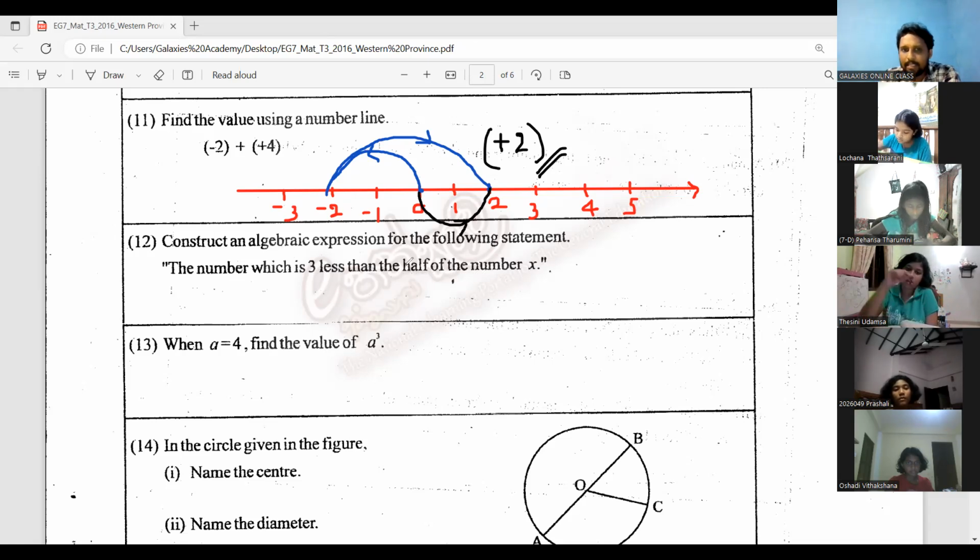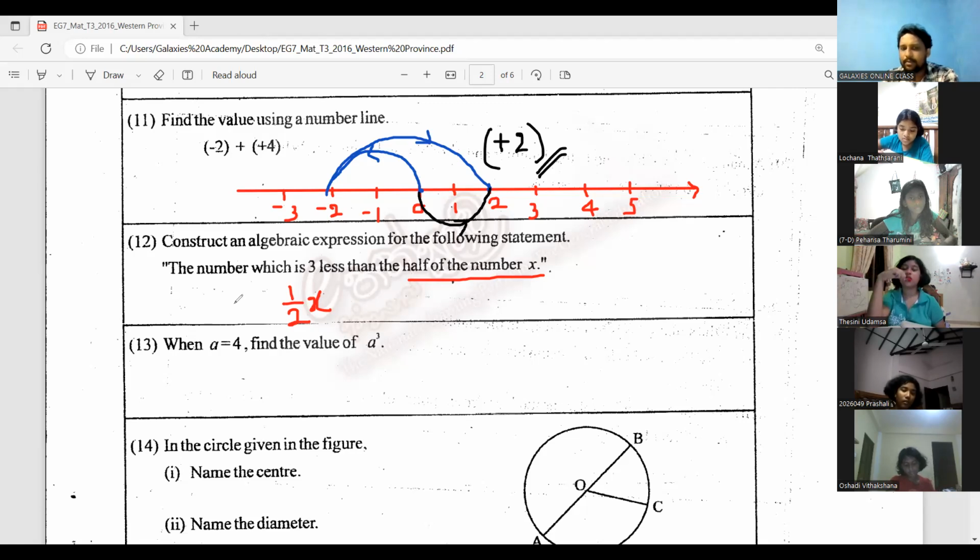Then look at this one. Half of the number x, how can you write? Like this, no? Half x. Then what is the mathematical operation you have to connect here? The number which is 3 less than this one. 3 less than this number, right?